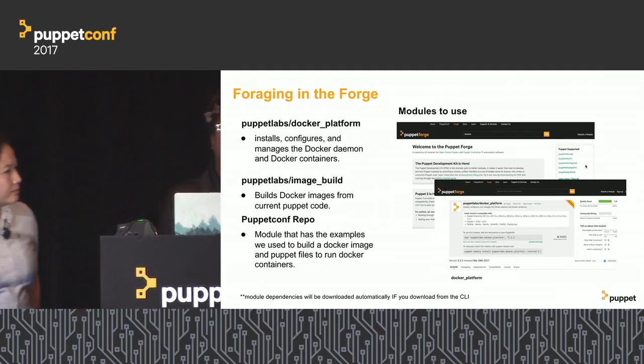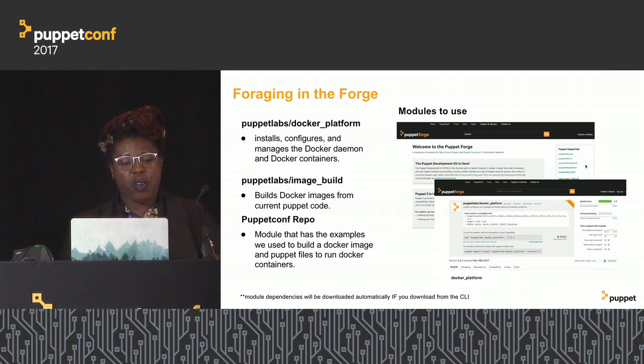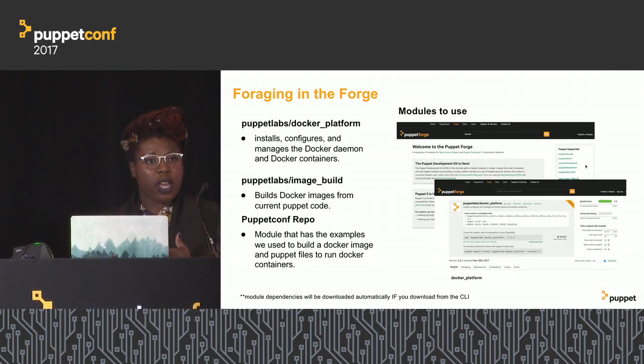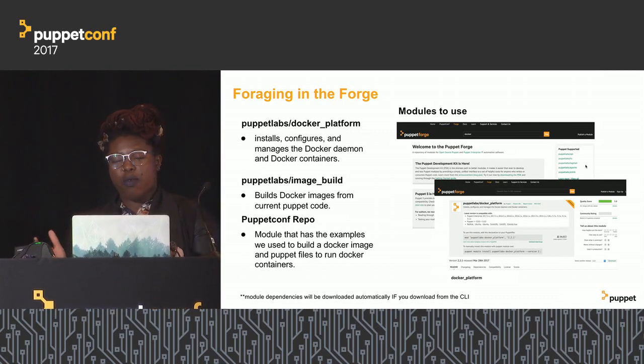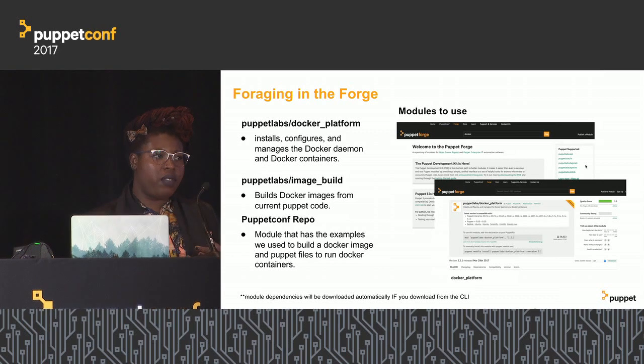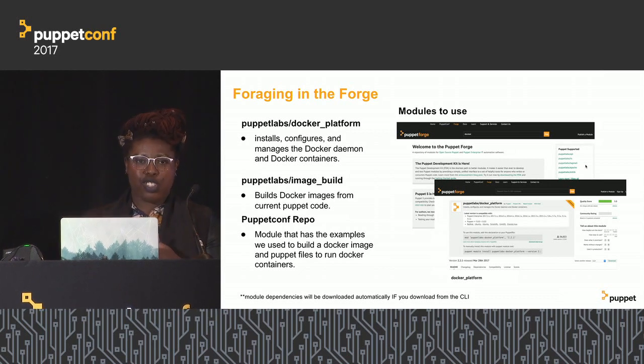So let's talk about what we're actually going to be using today to give you our example that we have later on. We're going to be using a few modules from the Forge. We're using the Docker Platform module as well as the image build module. What the Docker Platform module is doing is installing, configuring, and managing your Docker daemon and Docker containers. So it's a part of that previous diagram that Tricia showed us.